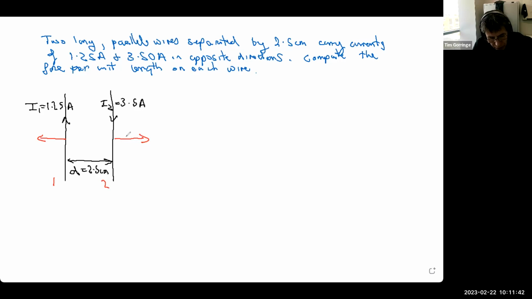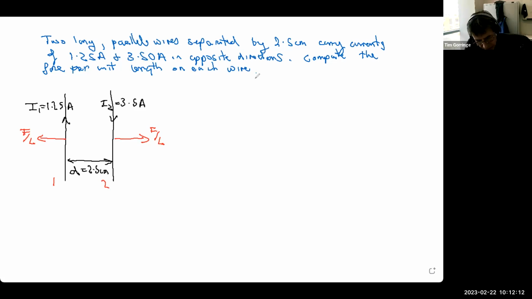The force on the wire on the right will be towards the right, pushed away from the wire on the left-hand side. I'll just label these. I'm going to label them with force per unit length, F over L, because that's what we're going to calculate. And they are repulsive. These two forces are equal and opposite to one another, as an example of Newton's third law.